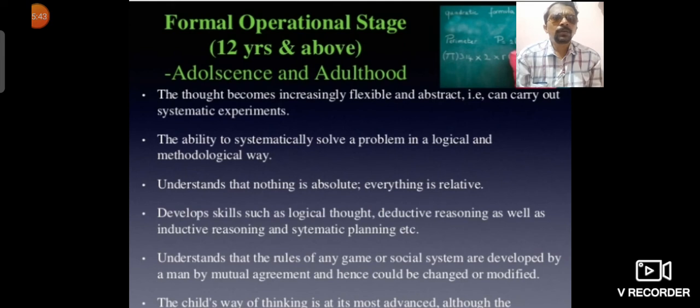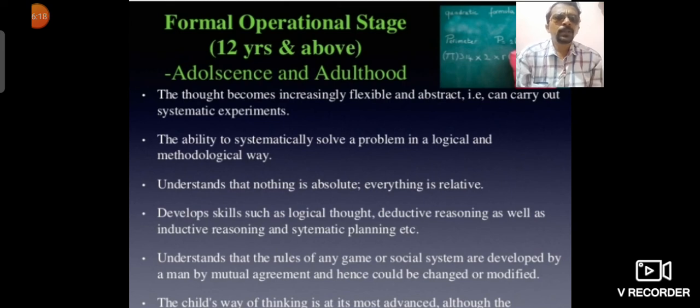The thought becomes increasingly flexible and abstract, that is, they can carry out systematic experiments. In this last stage, adolescents or adults are able to explain abstract concepts and can carry out systematic experiments.